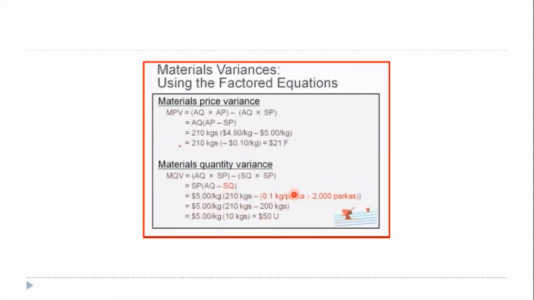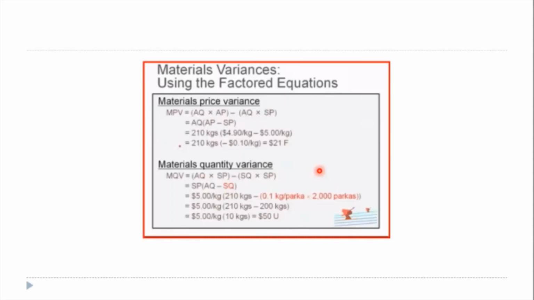When we add these two together, we'll get the total material variance. Or you could put the two formulas together, this and this, and get the total.